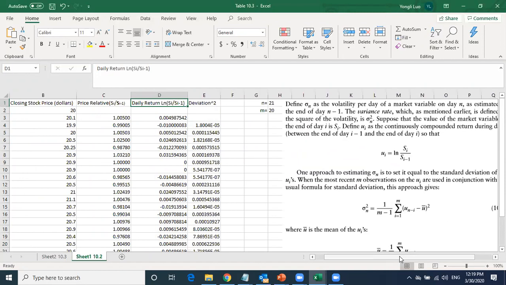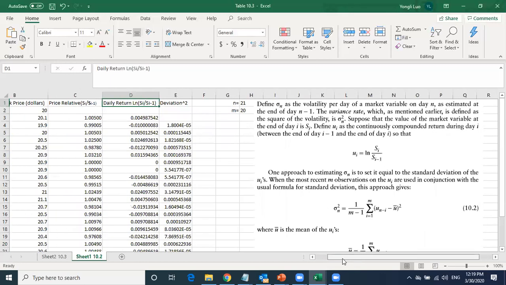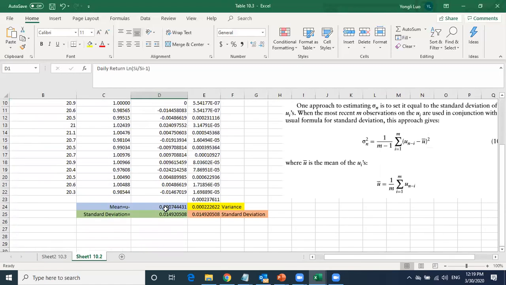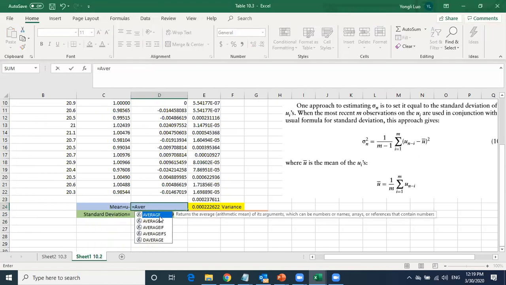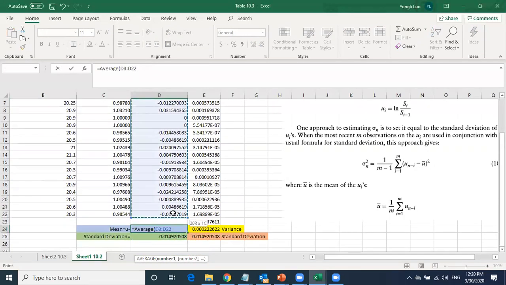Based on formula 10.2, it is the daily return minus the average, where mu bar is the average, the expected return, and take the square. To get the average, you use the average function, and you sum them up.